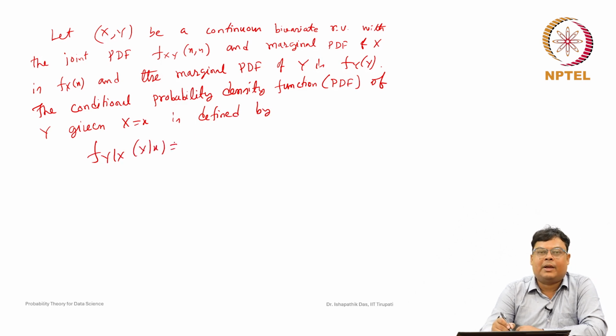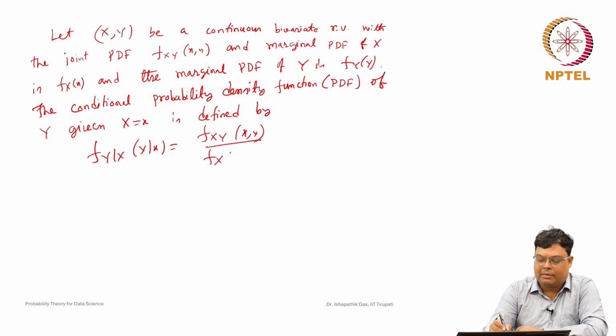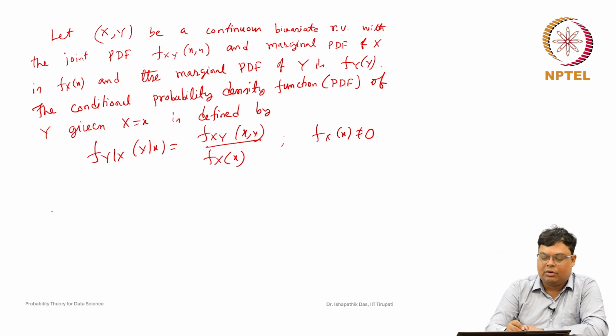Very similarly to when we define the probability mass function cases, here it will be the joint probability density function divided by the marginal probability density function of X, provided that we assume this is not equal to 0.